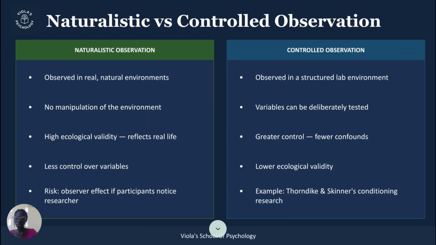There are 2 types of observation, which are naturalistic and controlled observation. And understanding the difference between these two is very critical. On the left side is the naturalistic observation. This happens in a real environment.